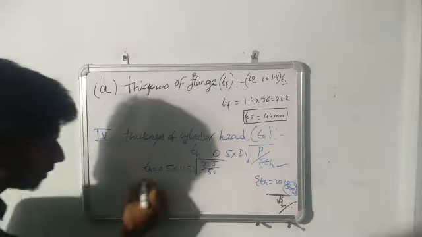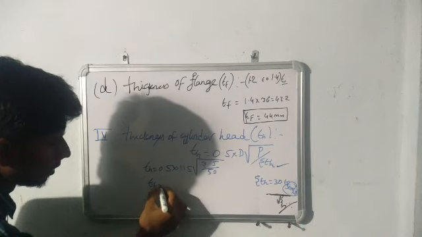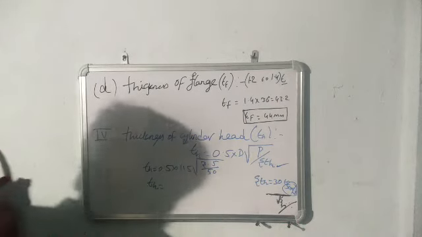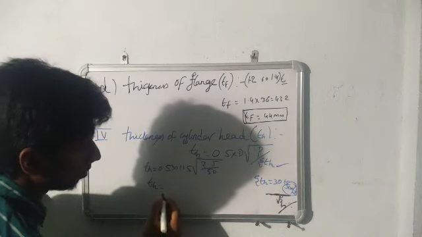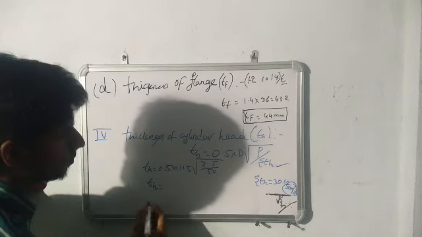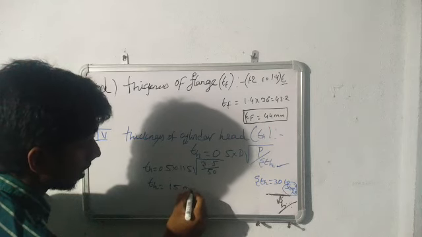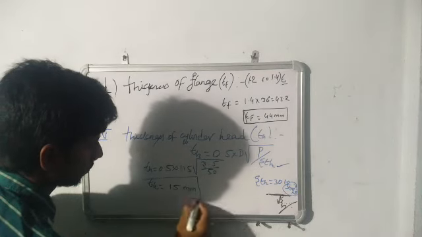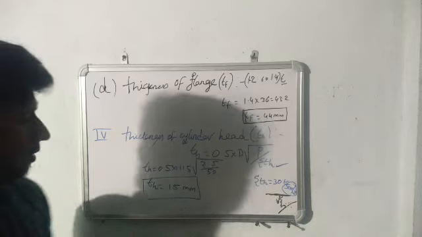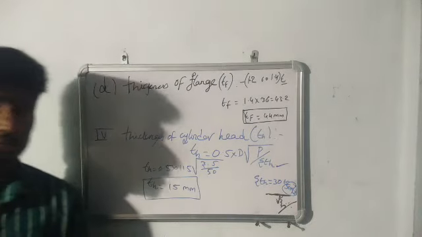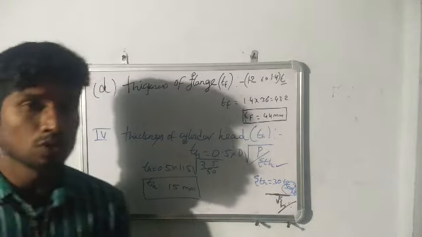By simplifying this, we get T H approximately 15 mm. So this is the thickness of the cylinder head, and we go to the next step.